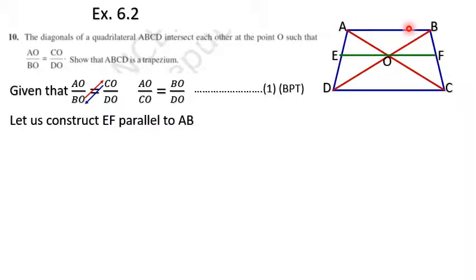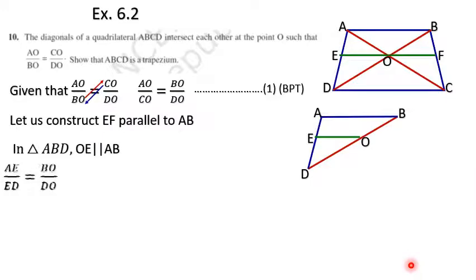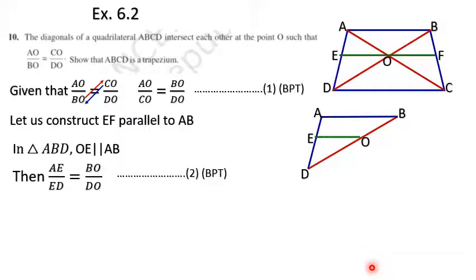Okay, OE parallel to AB. Now next, let me consider triangle ABD. So here OE parallel to AB. So from that what I can get? Yes, AE by ED is equal to BO by DO. Now that is equation 2.